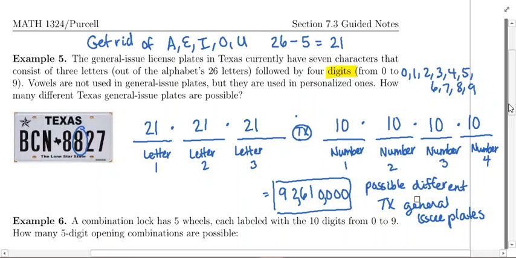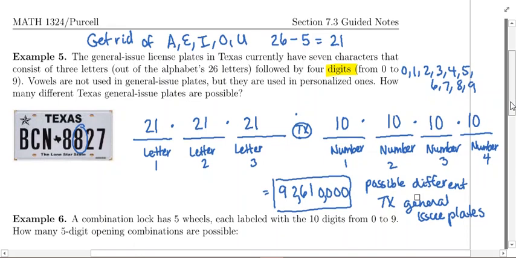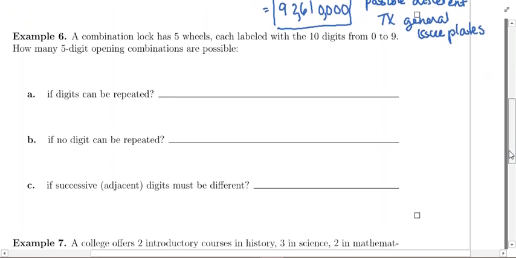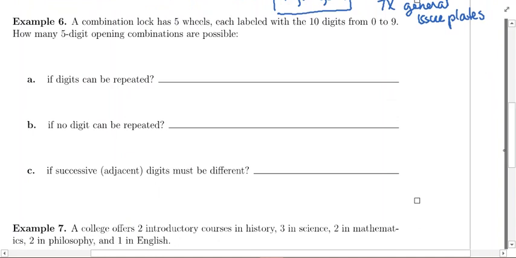All right, let's move on to example 6. Example 6 has to do with a combination lock that has 5 wheels, each labeled with the 10 digits from 0 to 9.